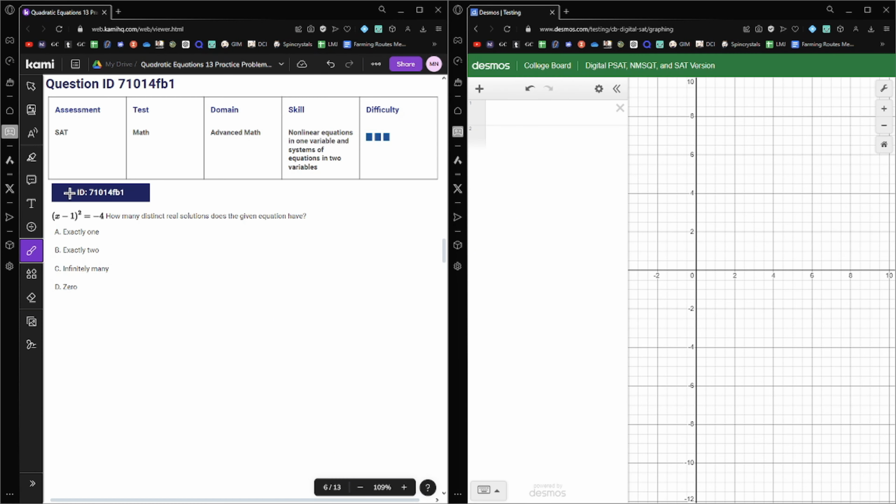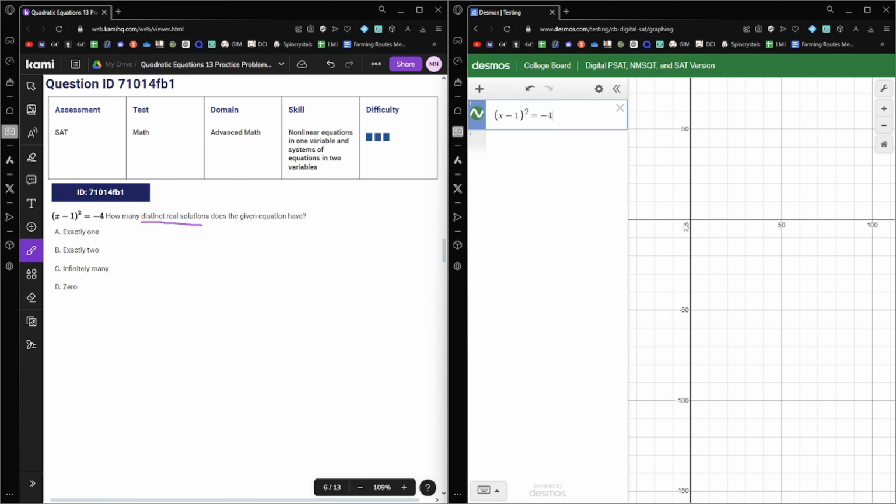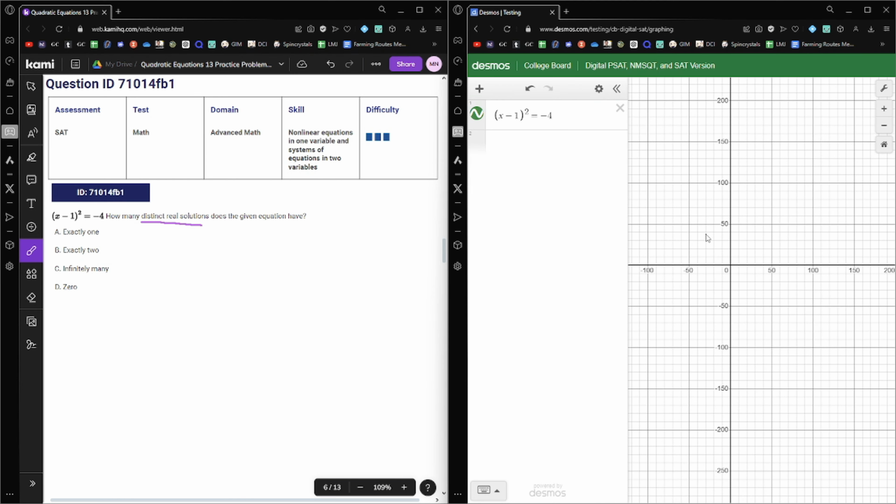Question number 6. Here they give us this equation, and they ask us how many distinct real solutions the given equation has. Well, let's plug into Desmos and find out. So x minus 1 squared is equal to -4. And here you'll notice that nothing pops up. And if you remember, whenever nothing shows up, this means that there are no solutions.